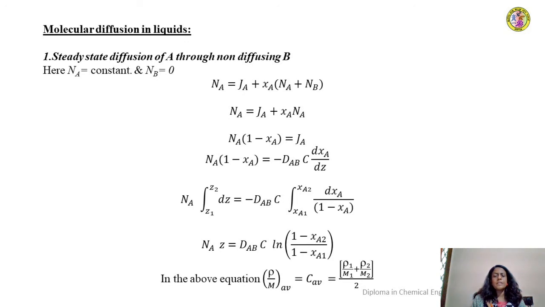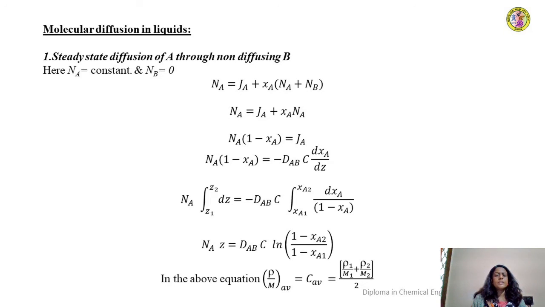For the present case, we know that under steady state conditions, the flux of component A, NA, will be constant, and since component B is not diffusing, NB will be equal to 0. So let us now substitute this in the basic equation relating the two kinds of fluxes. NA equals JA plus XA into (NA plus NB).